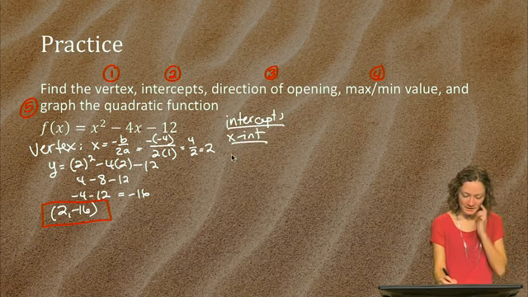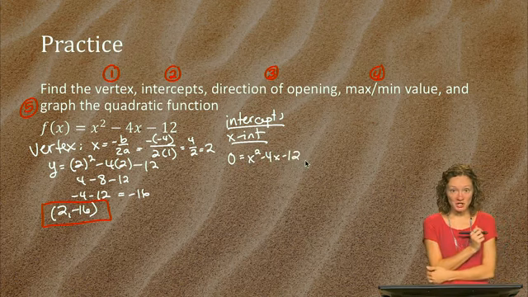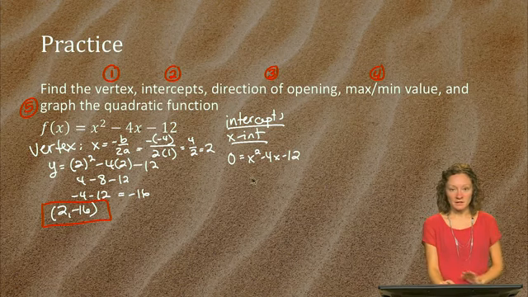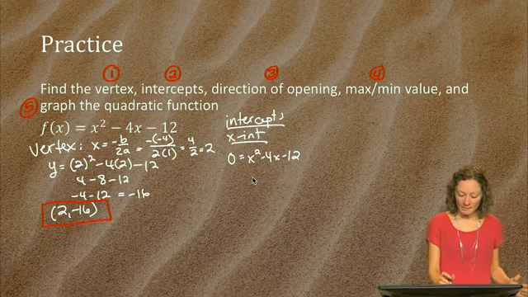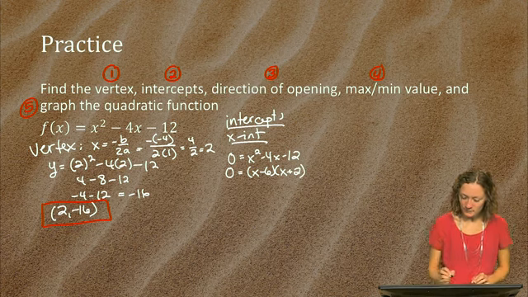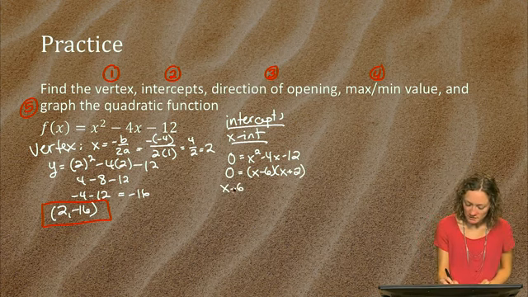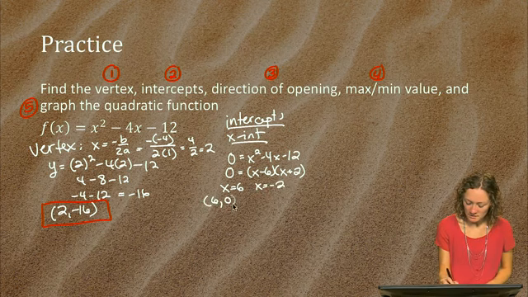X-intercept, plug in 0 for y. Again, whatever strategy you want to use to solve this problem, totally fine. I'm going to go with factoring. So in this case, it does factor. (x - 6)(x + 2), which gives us 6 and negative 2. So the ordered pairs, (6, 0) and (-2, 0).